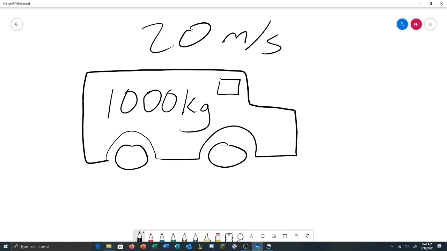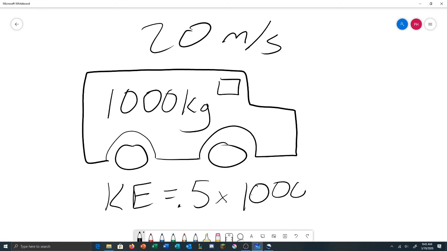Well, you probably start with the 1/2, as always. You start with your 1/2, multiply it by your mass. Remember, your mass is that 1,000 kilograms. It's how much stuff that van is made of. Then you multiply it by your velocity, your 20 meters per second. And you square that. Remember, velocity is squared.